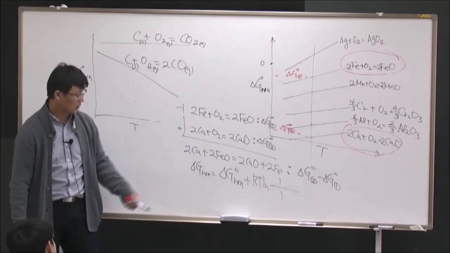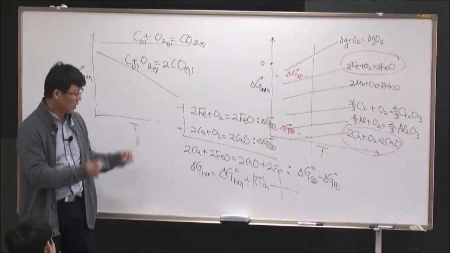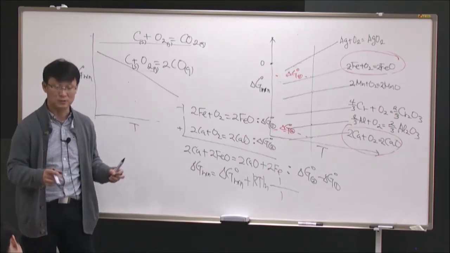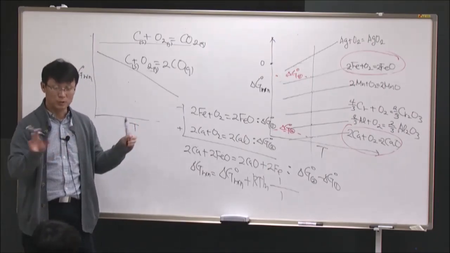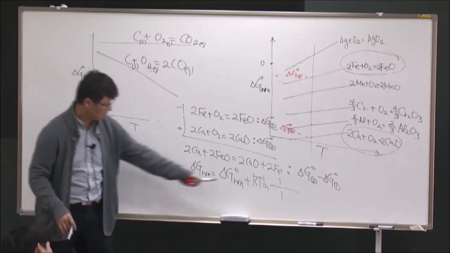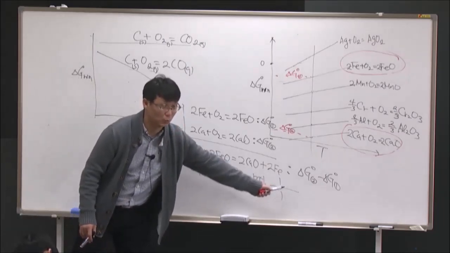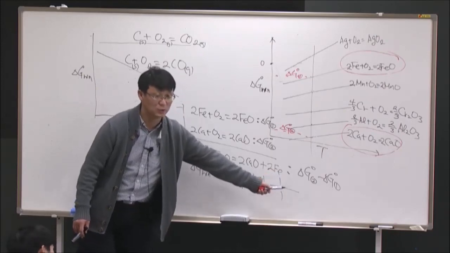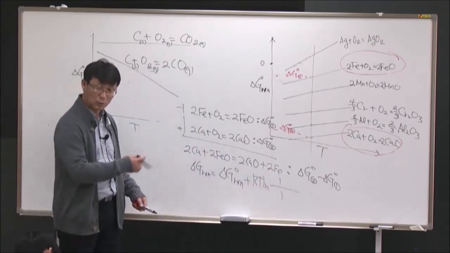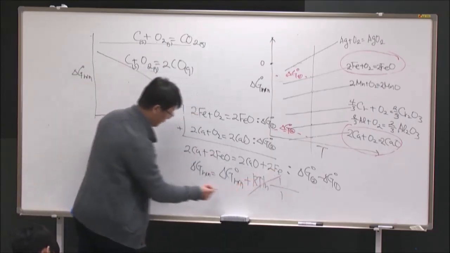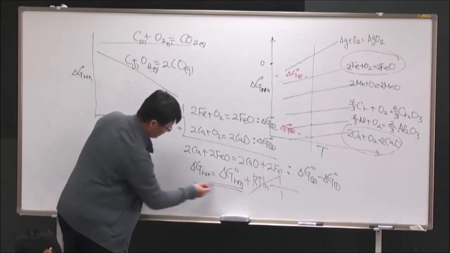If you assume the calcium and the iron are not mixing, or iron oxide and calcium oxide are not mixing, everything is insoluble and stays as a separate phase, then everything inside here is 1. So the activity is all 1, this term is 0, and basically delta G is the same as delta G naught.